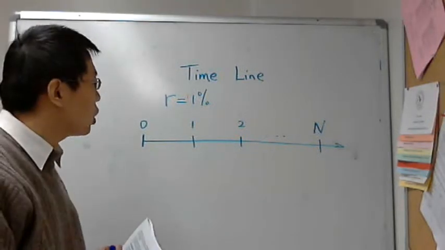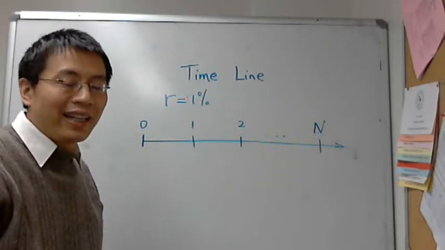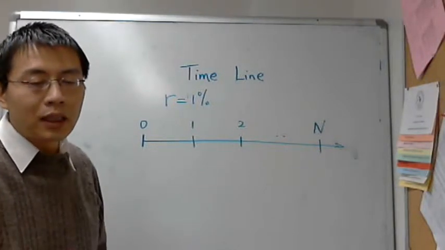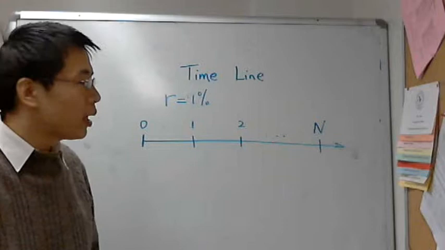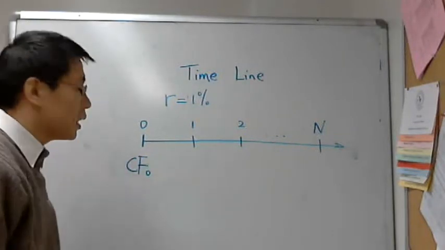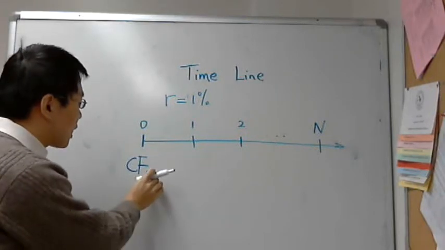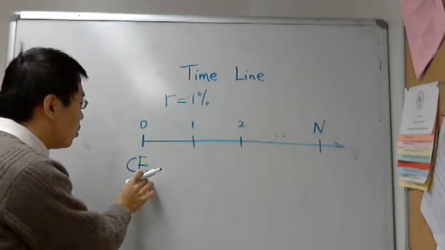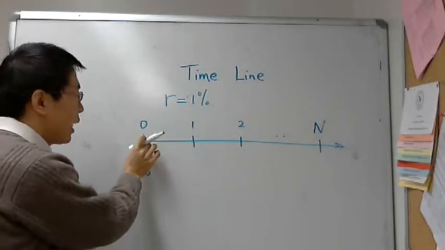There will be cash going into and coming out of the investment project. We can also write down the cash flows on the timeline. So the cash flow with subscript 0 represents the cash flow that is occurring at the current time.